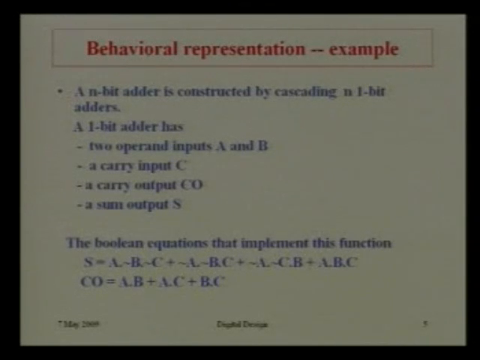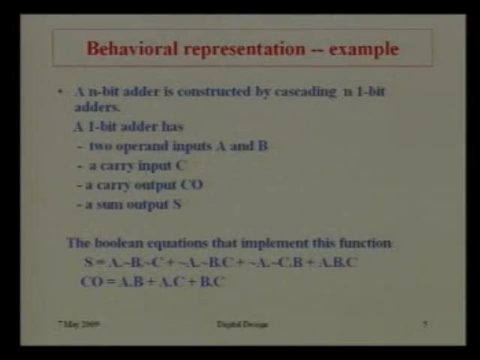I am taking a very simple example. Say an NPTEL adder is constructed by cascading 1 bit adders. All of you know the 1 bit adder. So, the 1 bit adder has two operand inputs A and B, a carry input C, a carry output and a sum output S. For the first bit the carry input is 0, there is no carry, and then intermediate carries are there.